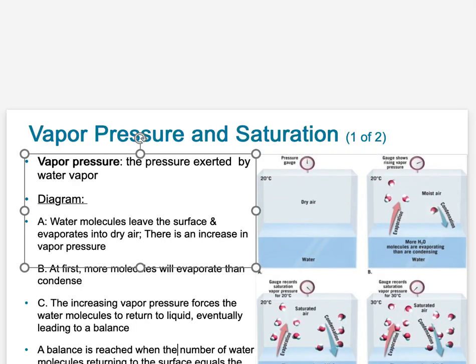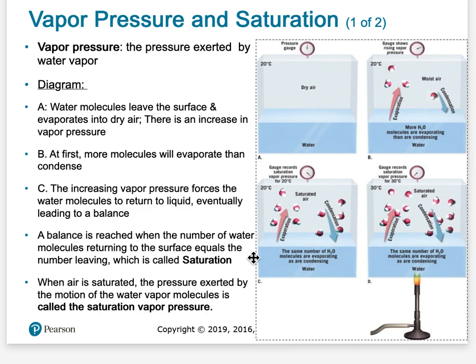And then in diagram C, we could see the increasing vapor pressure forces the water molecules to return to liquid, eventually leading to a balance. So the same number of water vapor molecules are evaporating as are condensing. So we see 5 water vapor molecules and 5 vapor molecules condensing back into its liquid state.